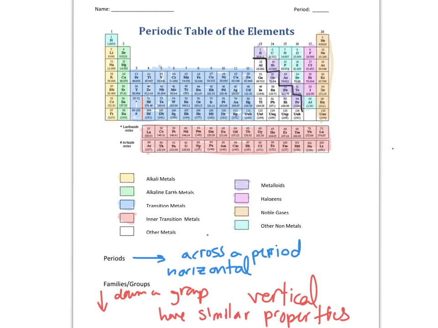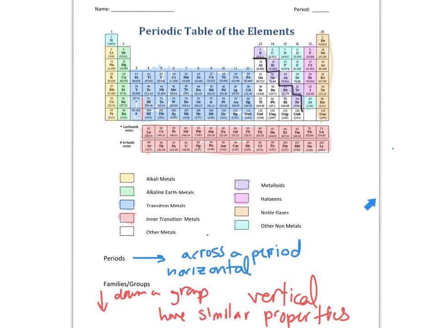For example, lithium, sodium, potassium, rubidium, cesium, francium are all alkali metals, and they all have similar properties. Group 2 have similar properties. Transition metals have similar properties. Halogens have similar properties, and so on. So groups and families are the ones that are vertical, going down. Periods are the ones that go across.